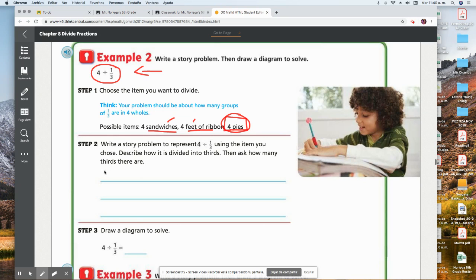Okay, so I'm going to start by writing: John has 4 pies.